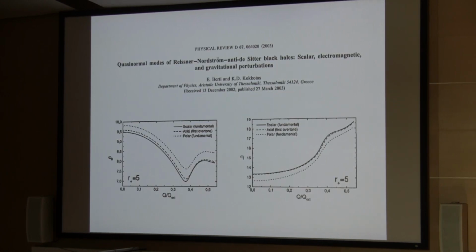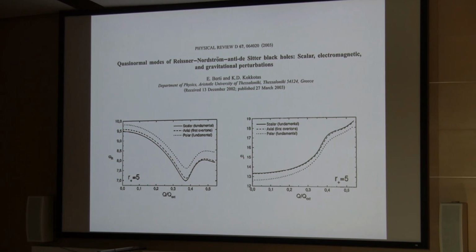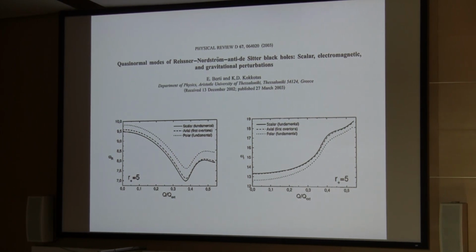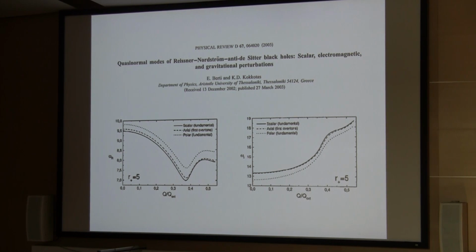More or less 20 years ago, there was a paper by Berti and Kokkotas where they were investigating quasinormal modes for Reissner-Nordström-anti-de Sitter spacetime. In particular, they were interested in scalar, electromagnetic and gravitational perturbations, and they were using the typical approach where one utilizes null foliations.